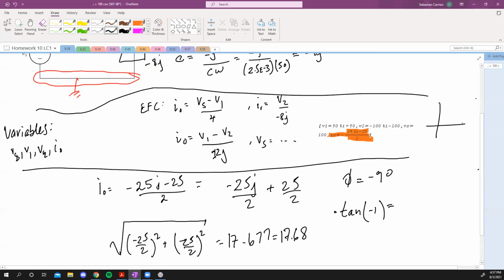If our A is positive and our B is negative, we get negative 45.